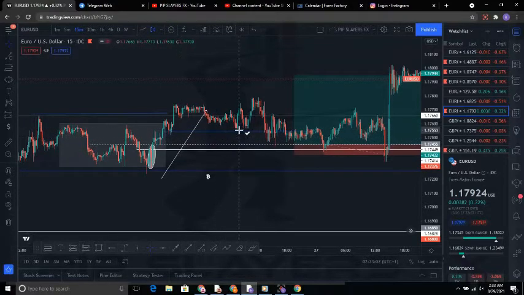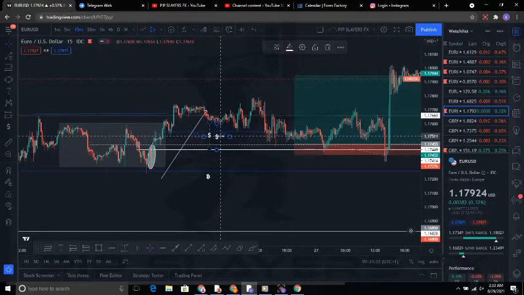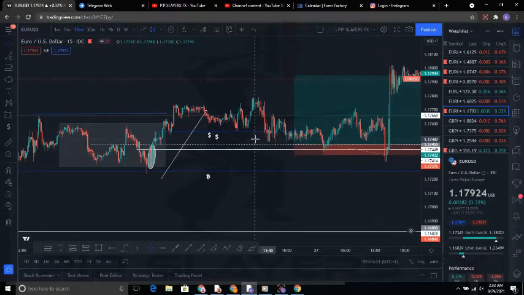So I anticipated a break and a grab of this liquidity right here because sell stop orders are resting at this point. A lot of money is being moved around this area.